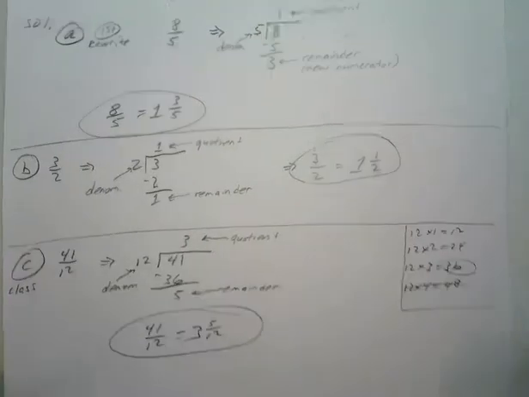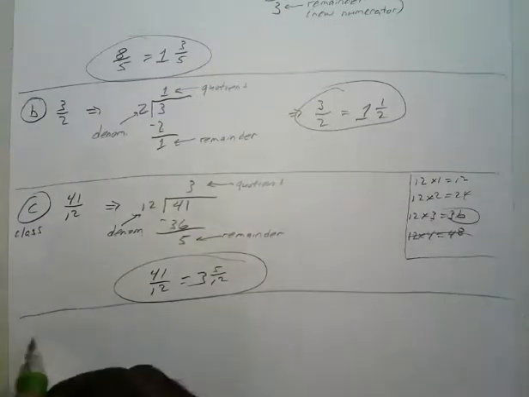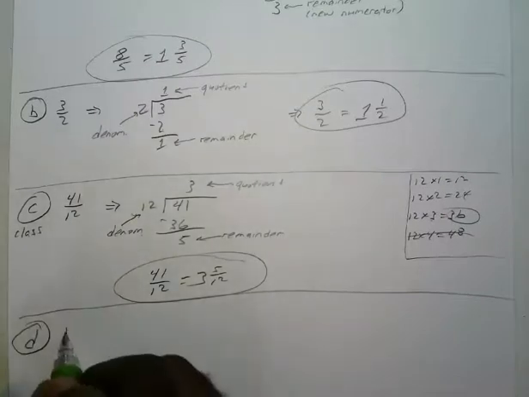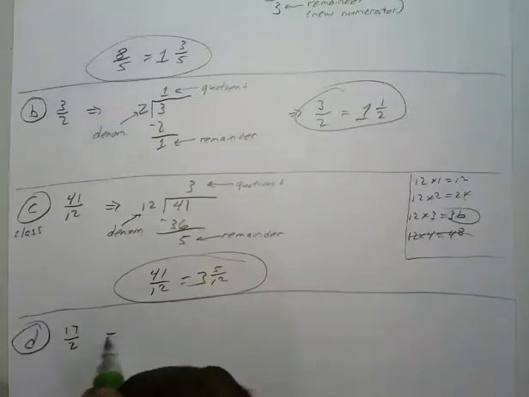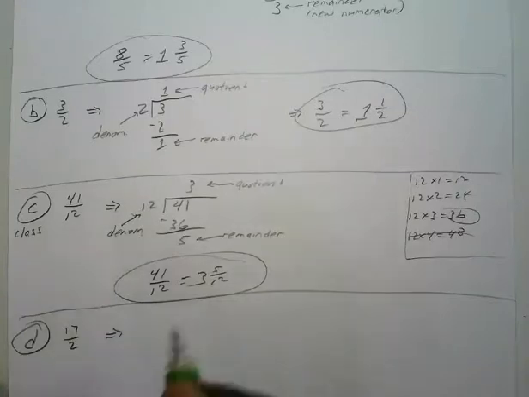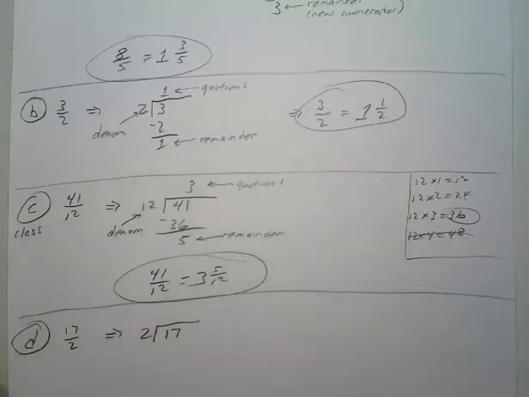All right, so let's go ahead and solve problem D. And again, go ahead and press pause and try this one on your own if you haven't already. Okay, so we have 17 divided by 2, which is 17 over 2.